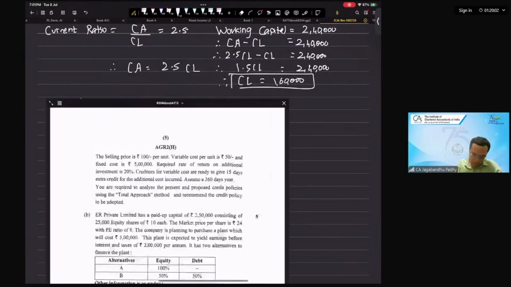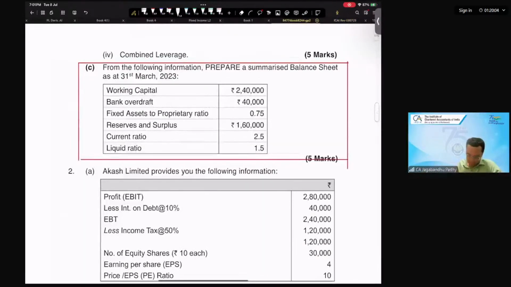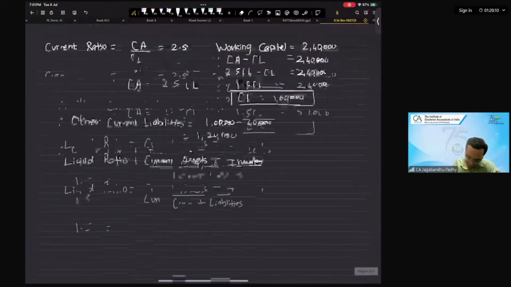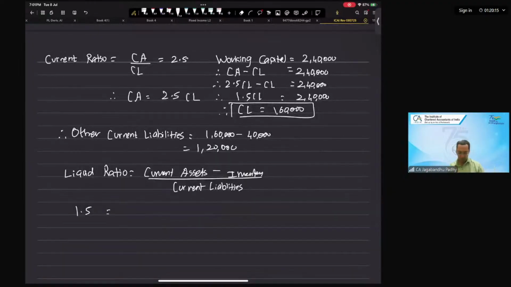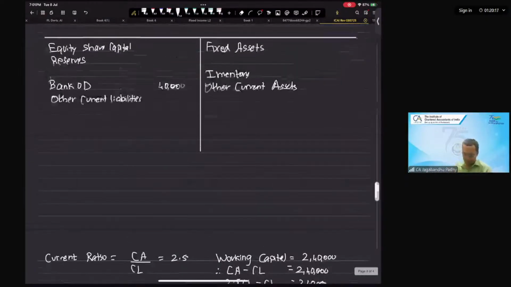So that's going to be 1.5 equal to total current assets minus inventory. Current assets is something that we are yet to compute, right?